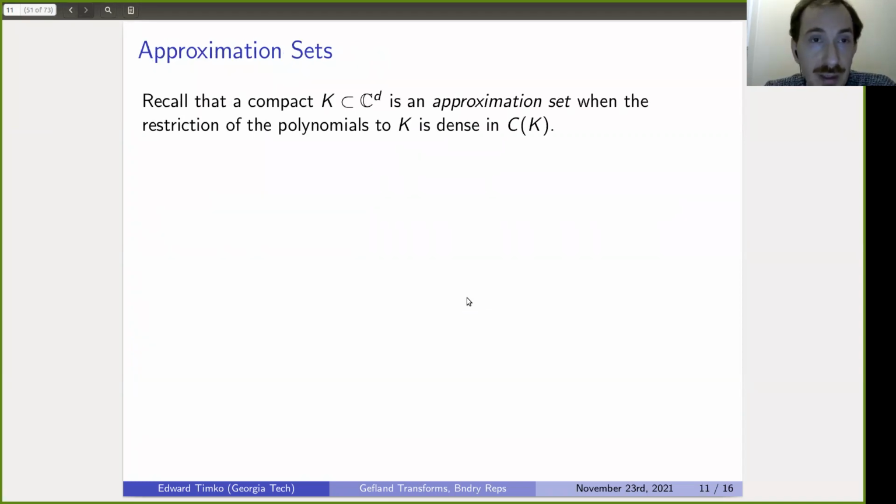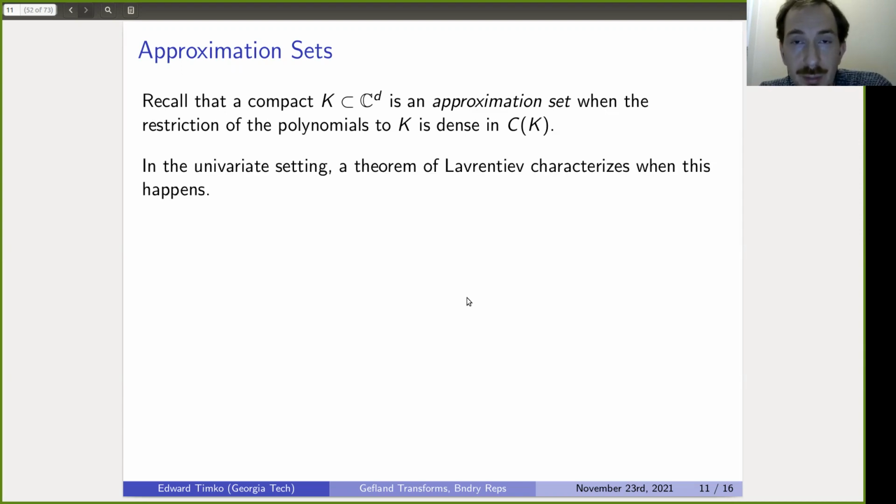Another context where we can provide an answer is in the context of approximation sets. So recall that a compact subset K of C^d is an approximation set when the restriction of the polynomials to K forms a dense subset of the continuous functions on K. In the univariate setting, there's a theorem of Lavrentiev that characterizes when this happens.